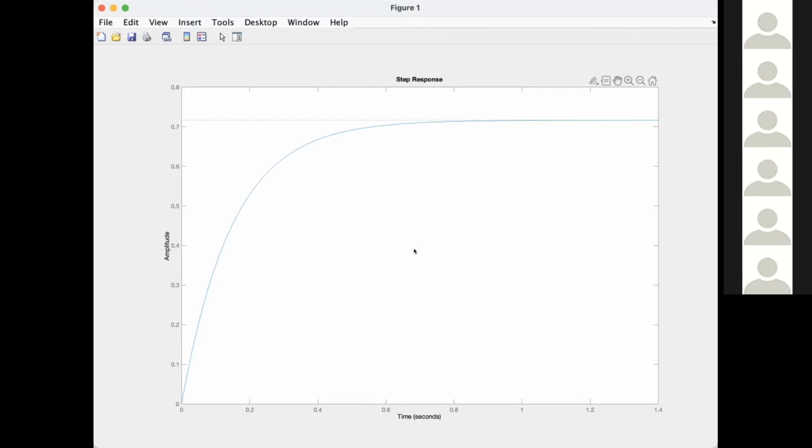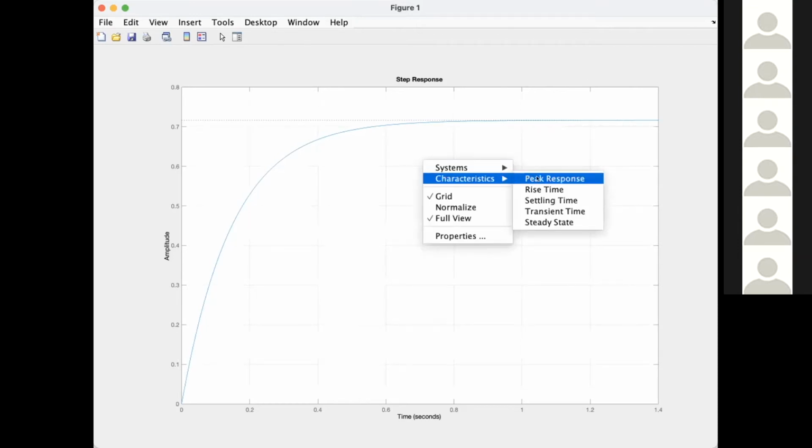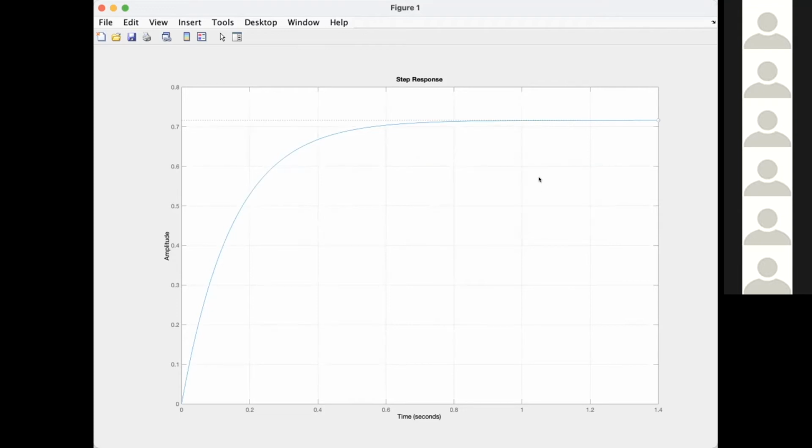You don't have to calculate. You want to use the MATLAB function here. Right click. Right click. Correct. Grid. Then pick the response characteristics.